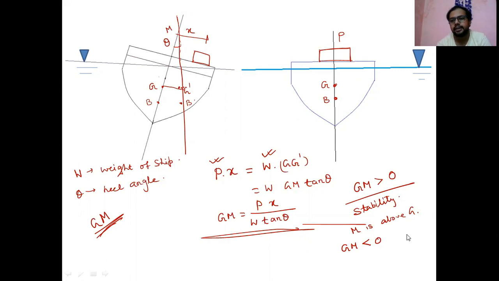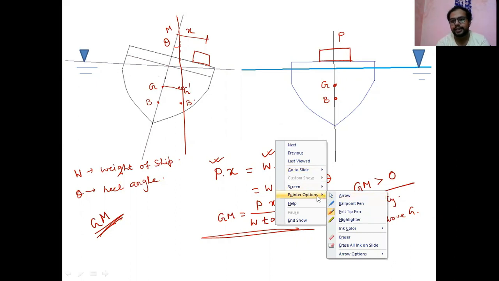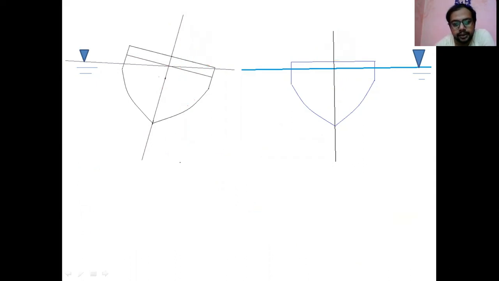So we have seen the metacentric height expression in two forms. Just to rewrite the equations: the metacentric height GM for a floating body, the most important equation, is Iyy by volume minus Pg.